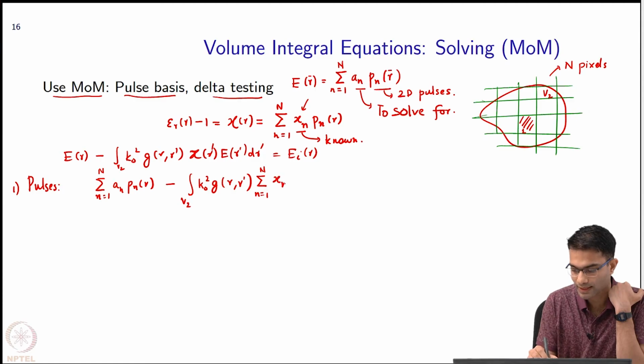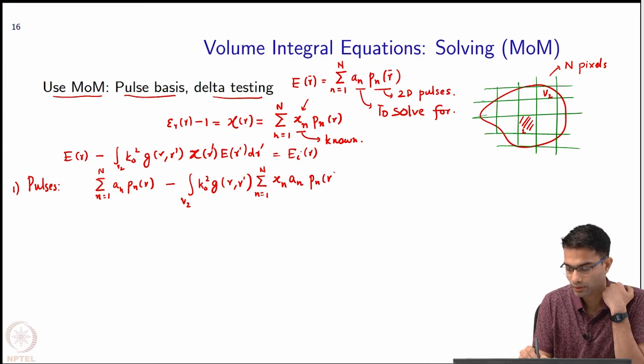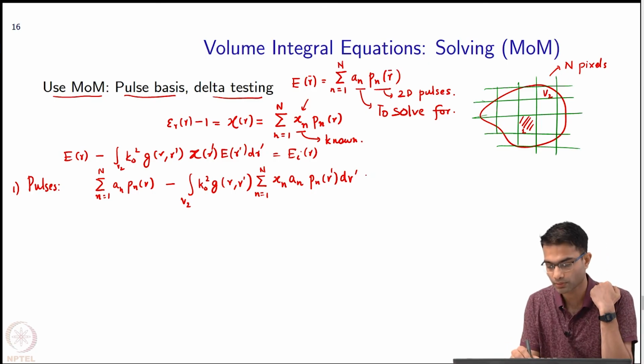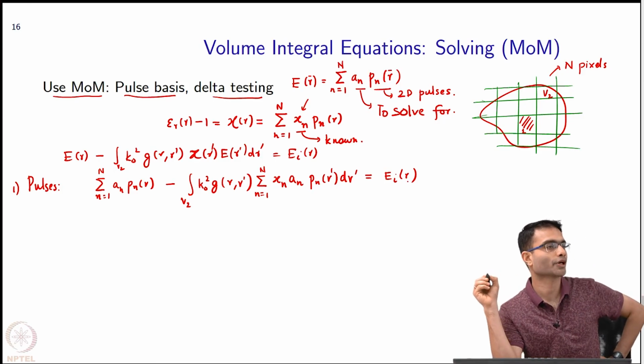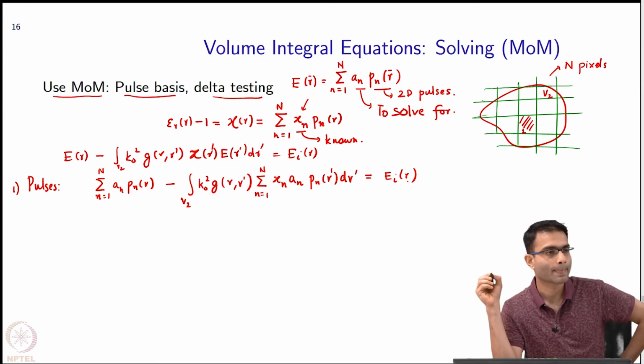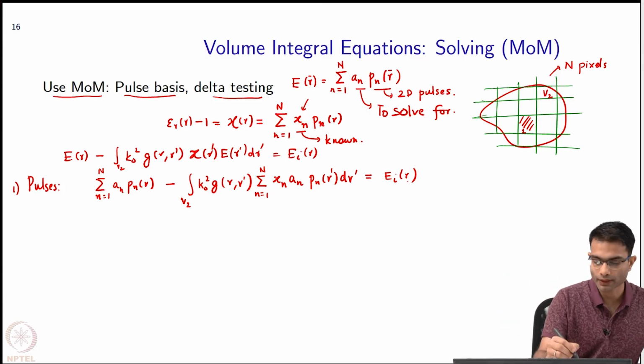So, I can write this as chi_n a_n P_n(r') dr' is equal to, I have just substituted, right. Product of two pulses is still a pulse, fine so far. So, we have taken care of the first part.